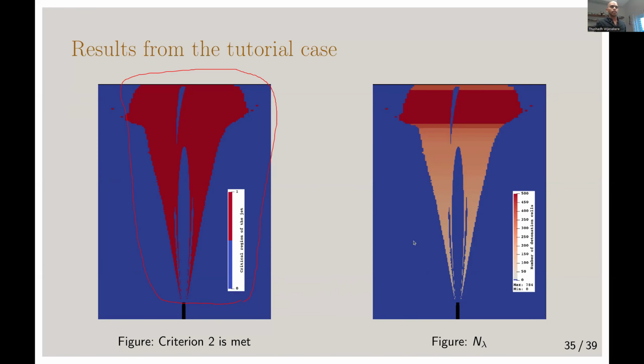And then on the figure to the right, you can see how the detonation cells actually fit into the width of the jet, or the transverse direction of the jet. And here you can see the concept of slicing the jet in different planes. So here you can sort of distinguish different planes just by looking at this figure.